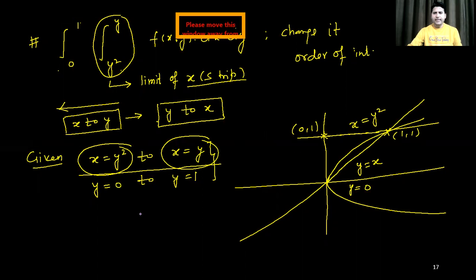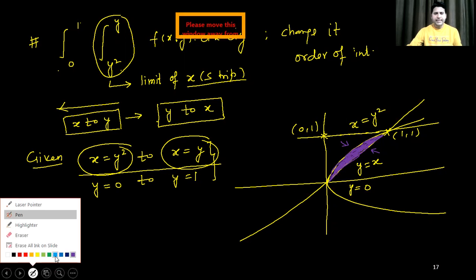The question has taken the strip parallel to the x-axis, from this curve to this curve. So this common region is the required region. Only this common part between the parabola and the line y equals x is the required region for the given problem.